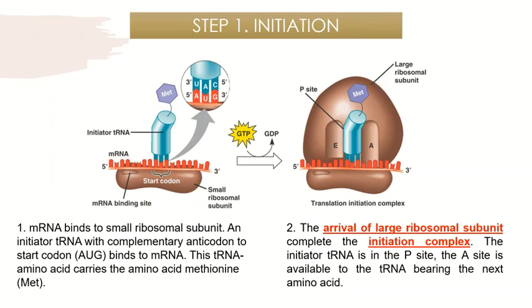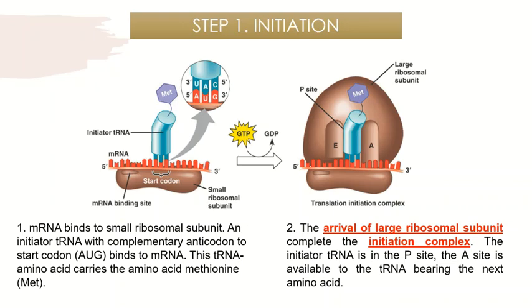So the initiator tRNA will come first and bind to the start codon. Have a look at the complementarity of the codon and anticodon there: the codon is 5' AUG and the anticodon is 3' UAC. When you have the methionine, the large ribosomal subunit comes to complete the initiation complex.